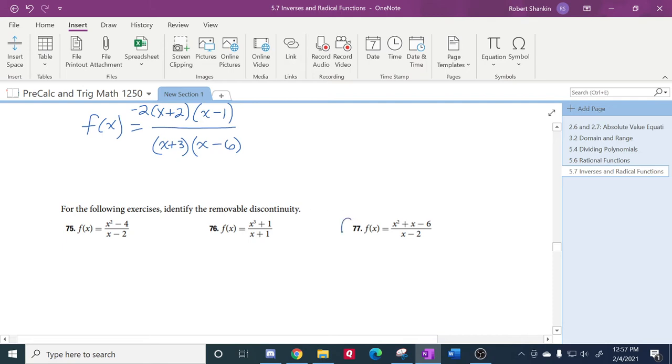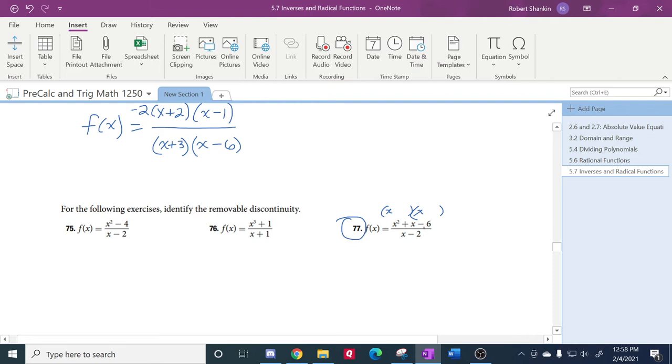Now, this one is going to be, let's notice if we factor out the numerator. x times x gives me the x squared. And then these two back numbers have to multiply together to be a negative.